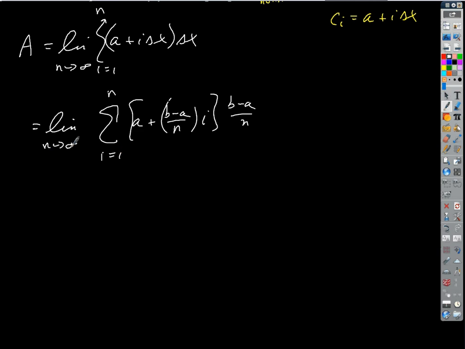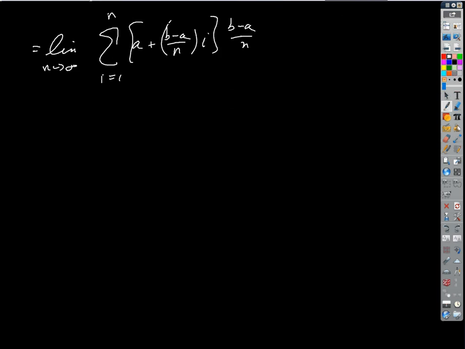That look good? What we could do here? Take the b minus a over n. Yeah, okay, good. There are no i's in that factor, are there? So we can factor that out in front of the sigma, pull it out front, right?